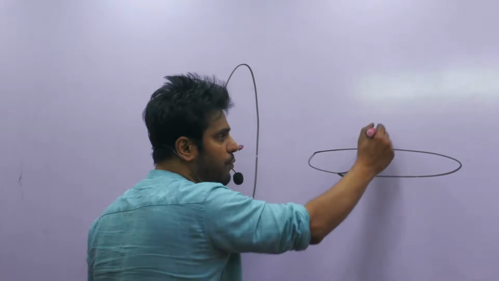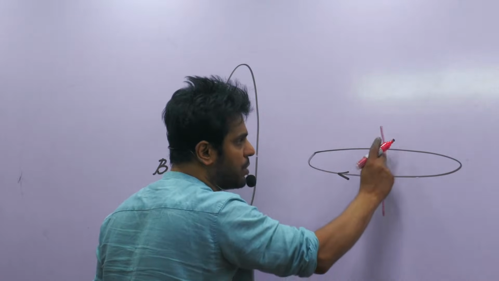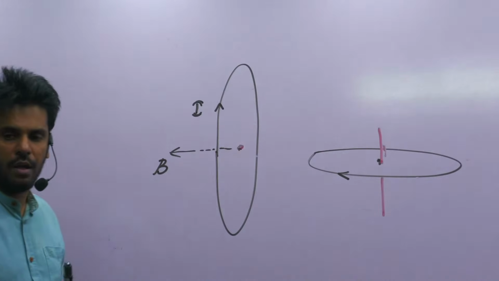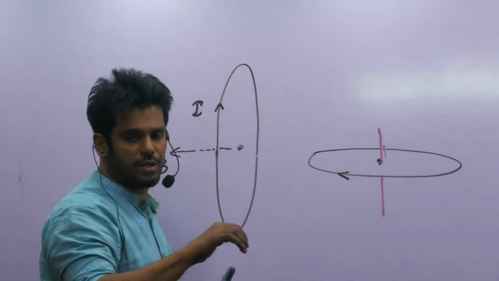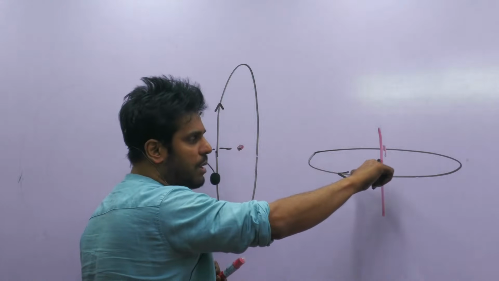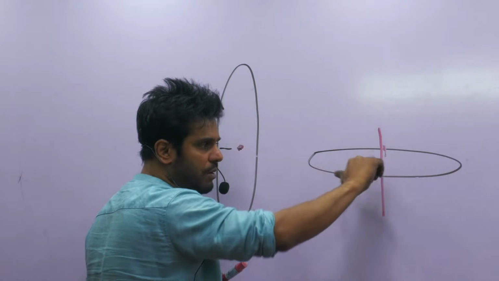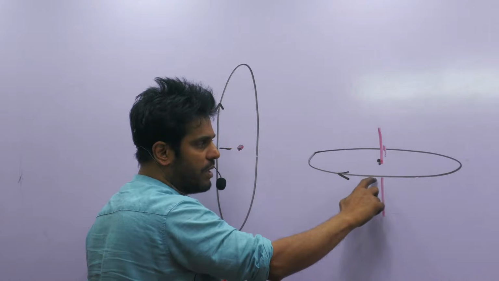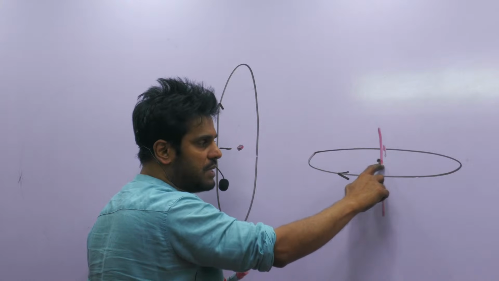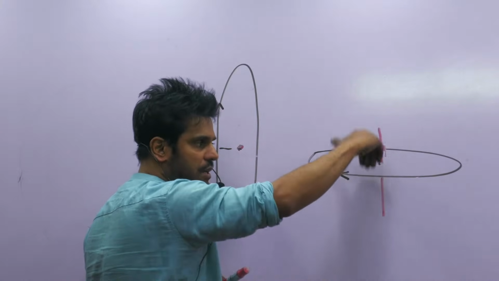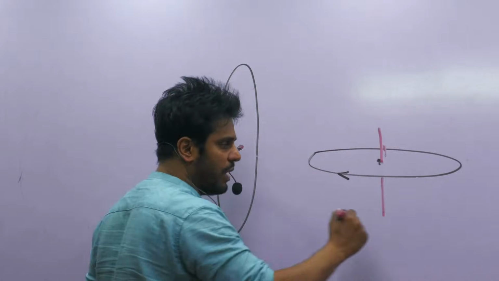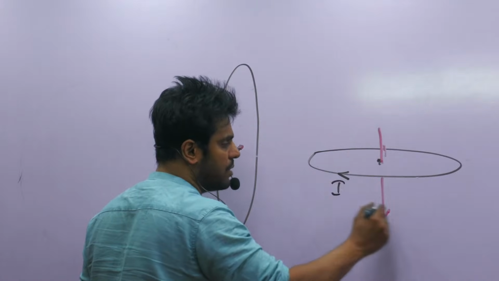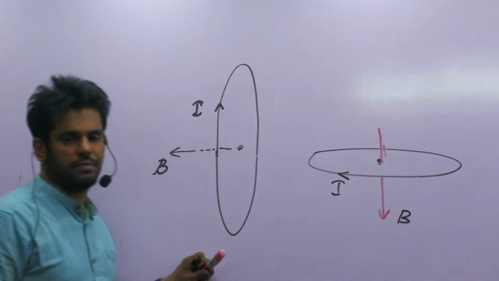So the direction of magnetic field is perpendicular to the plane of the circle. Now you can find the direction. Keep your thumb on the current direction and your other fingers in the necessary direction. The center is in front of the current like this, so the magnetic field acts here. This is the given current, and this is the direction of magnetic field.